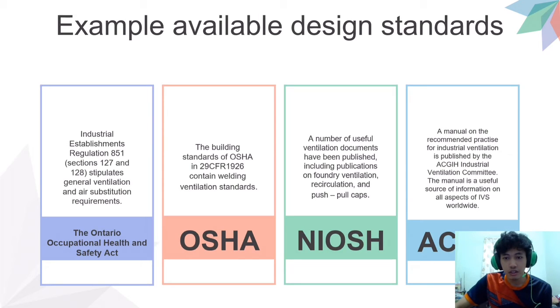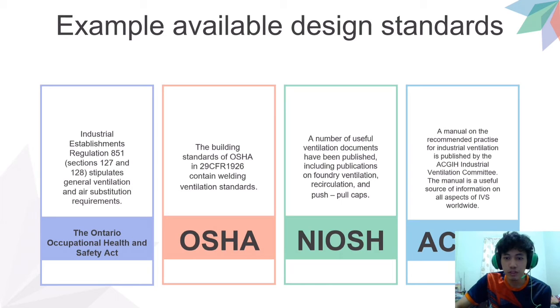And the third is NIOSH. A number of useful ventilation documents have been published, including publications on foundry ventilation, recirculation, and push-pull hoods. And the last example I put here is ACGIH, the manual on recommended practices for industrial ventilation published by the ACGIH Industrial Ventilation Committee.